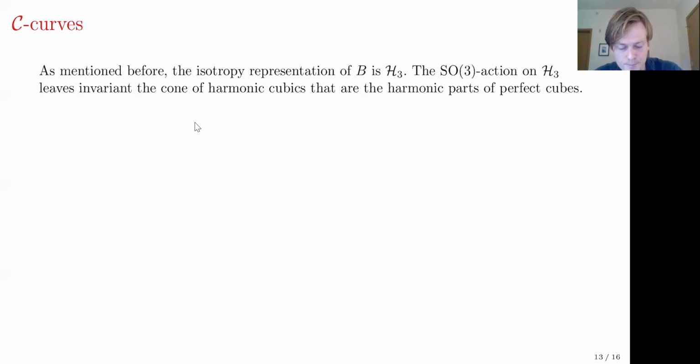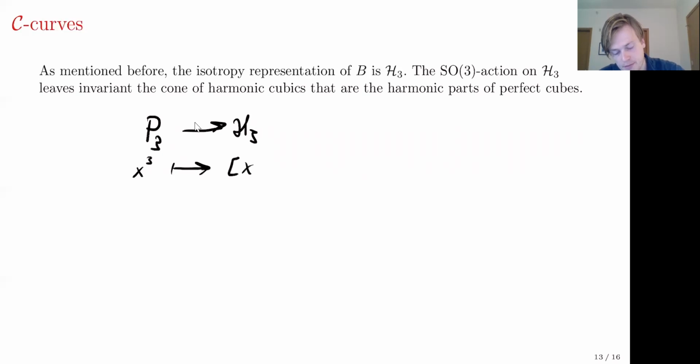So we have a map from the space P3, the space of homogeneous polynomials in 3 variables, and there's a projection down onto this space H3. What we're interested in is you take any perfect cube and just map it to its harmonic part, taking the harmonic projection.